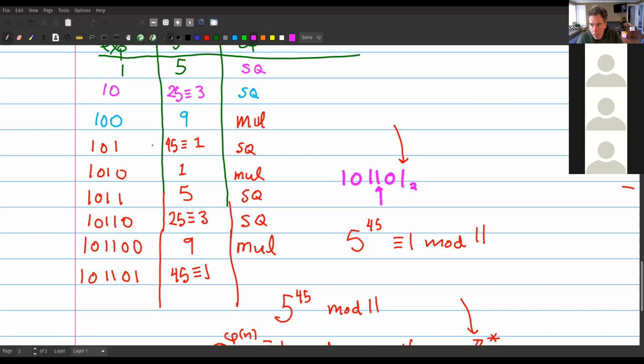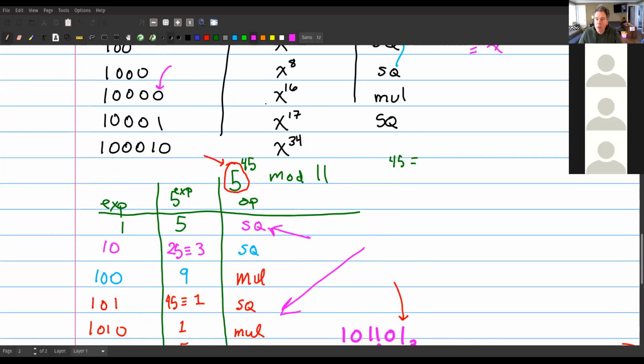Right here, from the beginning. Why is it square and then multiplication? Why in the beginning do you use a square and then multiplication?